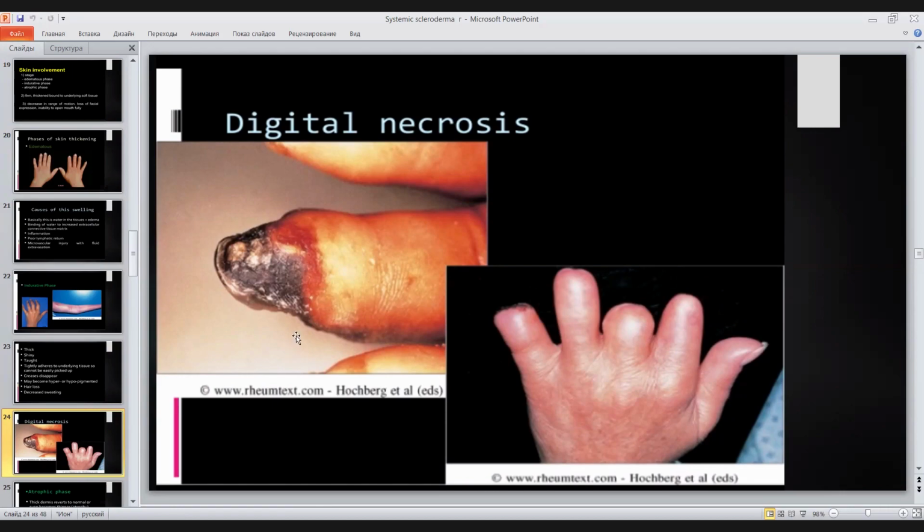I think it's a very dangerous situation when day by day you find that you have lost your finger. Yes, it's a very dangerous picture.